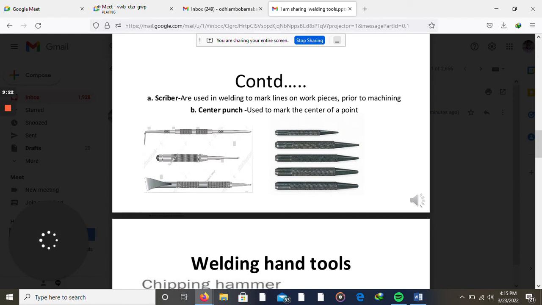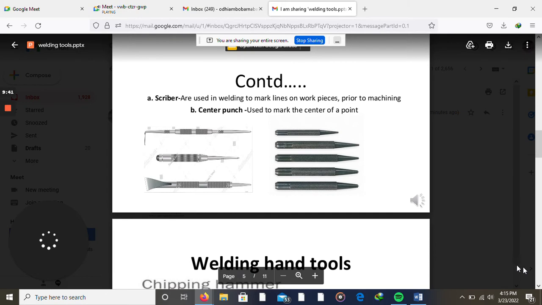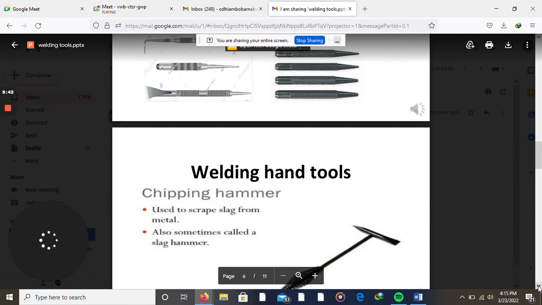The scriber. It makes a mark when you use the scriber to make a line. Yes, and the center punch is used to mark the center of a point. So they are displayed there.